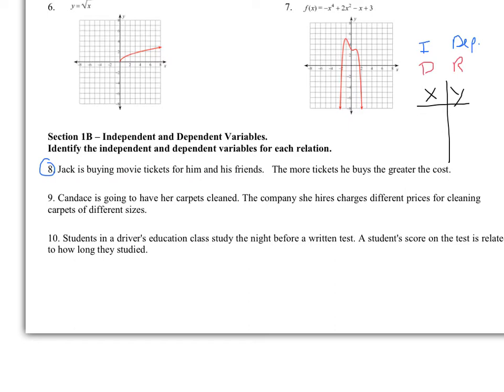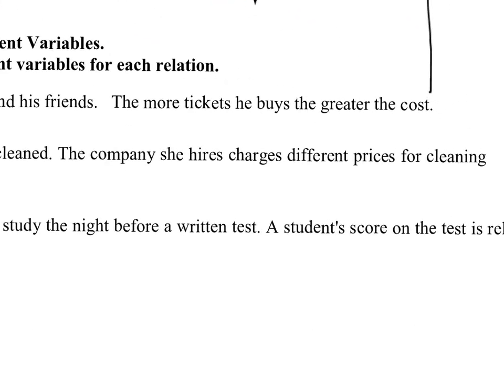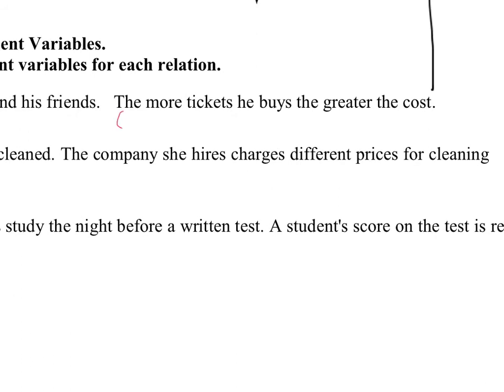So when you look at this question and it says what is independent and what is dependent, well, we know that the cost depends on the number of tickets purchased.